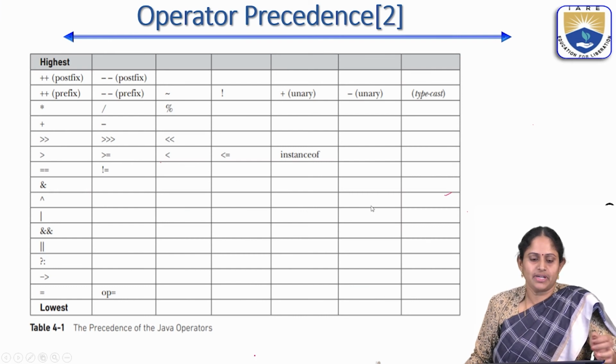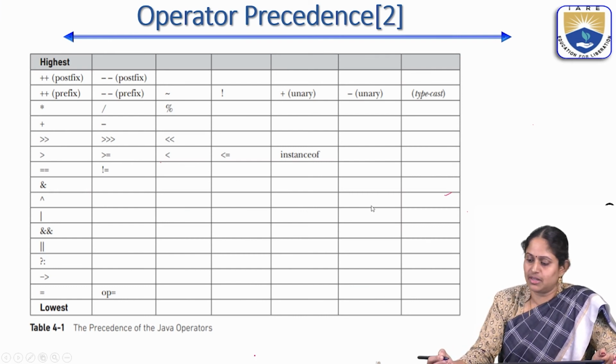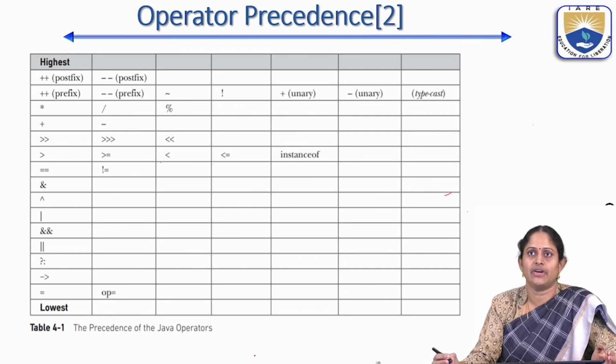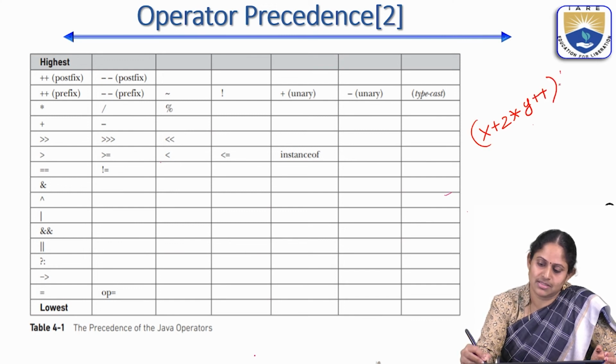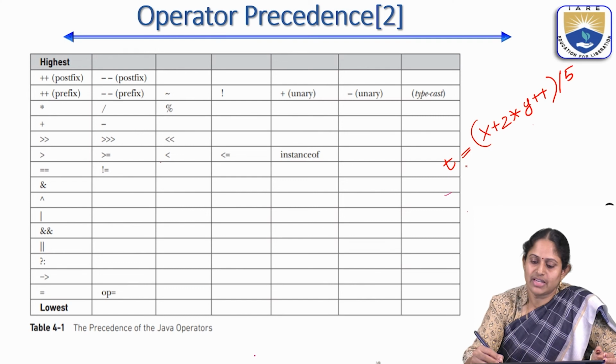Next is operator precedence, which means which operator should be executed first when you find it in an expression. Let's say we have an expression t = x + 2 * y++ / 5.